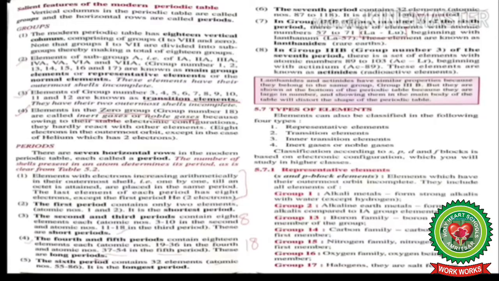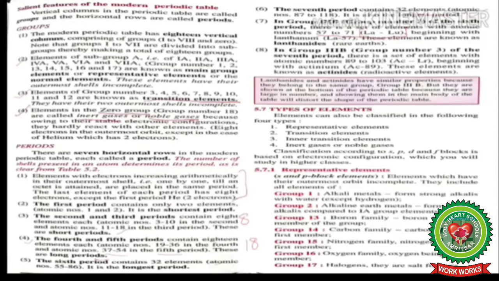In group 3B, group number 3 of the seventh period, there is a set of elements with atomic numbers 89 to 103, that is actinium to lawrencium, beginning with actinium, Ac 89. These elements are known as actinides, that is, radioactive elements.